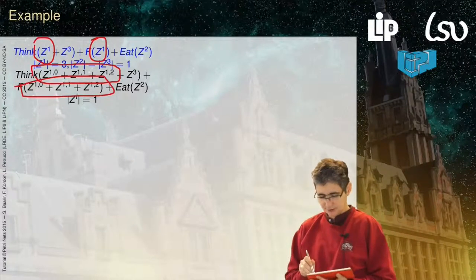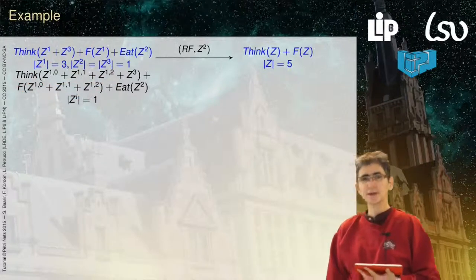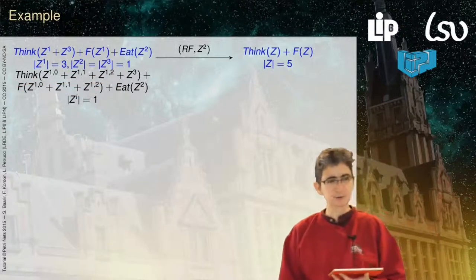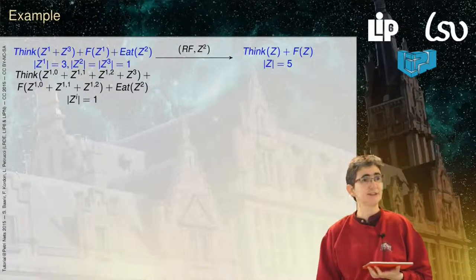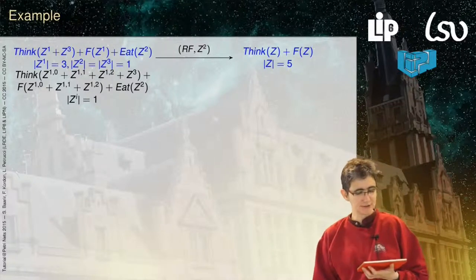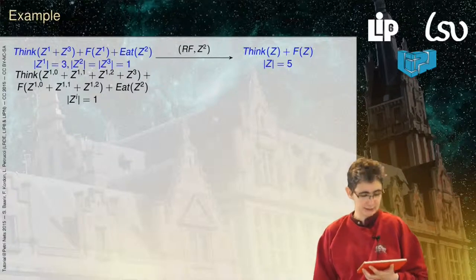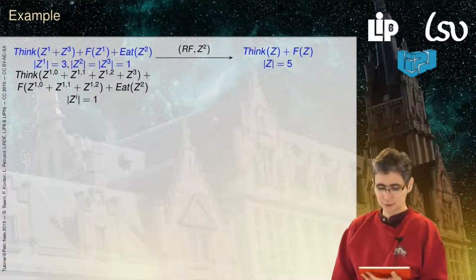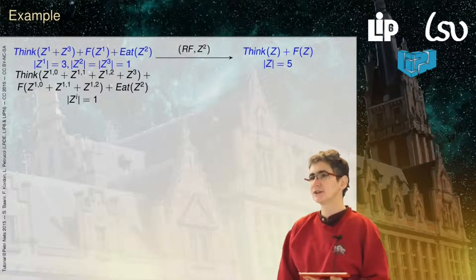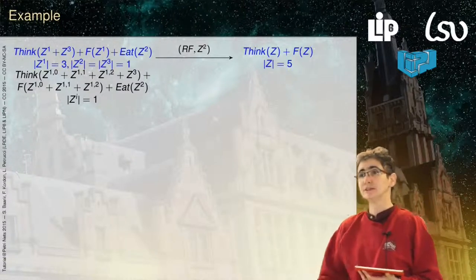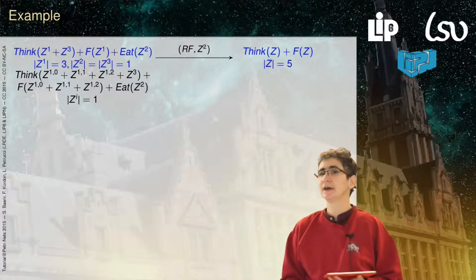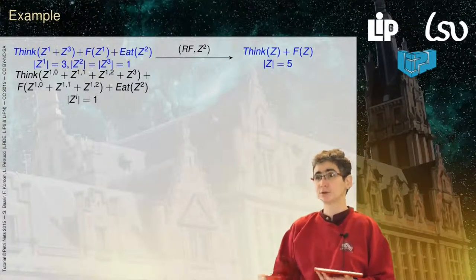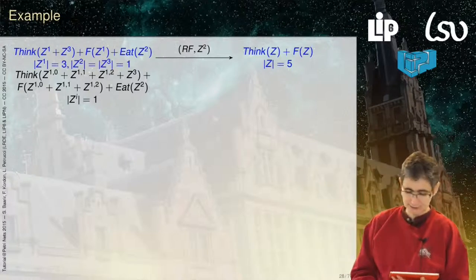Then from this, we can have a philosopher that releases its forks, and the philosopher that can release its forks is the philosopher that is eating, so the one in Z2. Then the resulting marking will be: the philosopher releases its forks, it goes back to the thinking place, and the 2 forks are put back in the available forks place.